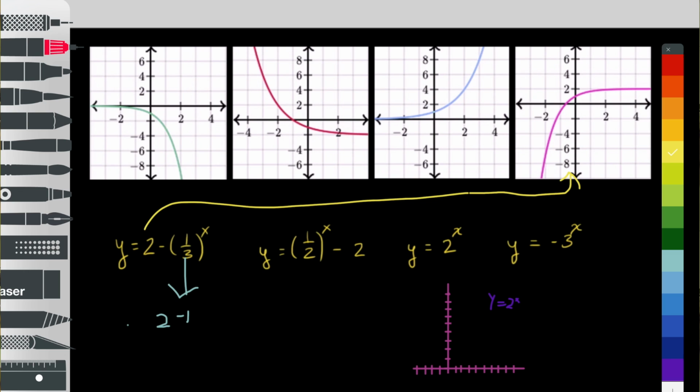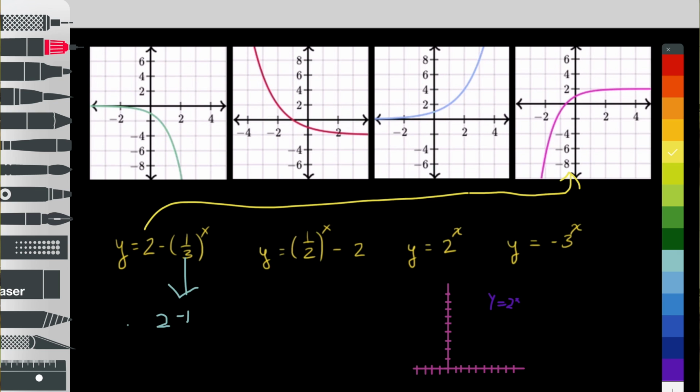So when x is 0, y is -1. Not this one. This one. When x is 0, y is -1. Yeah, that makes sense for this one too. That's about -1. So these two match.